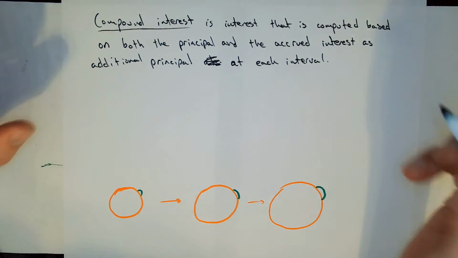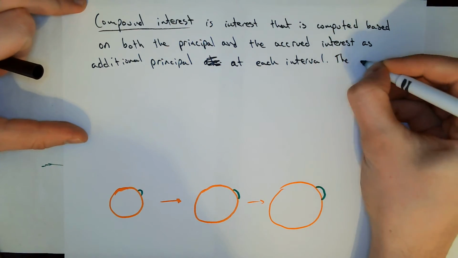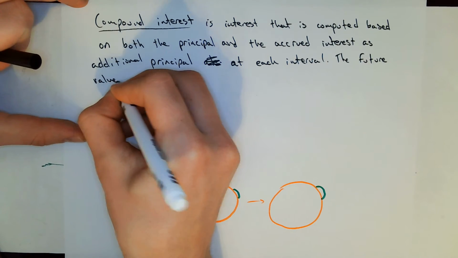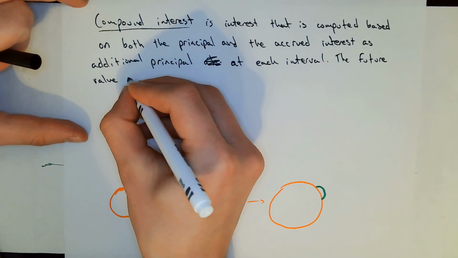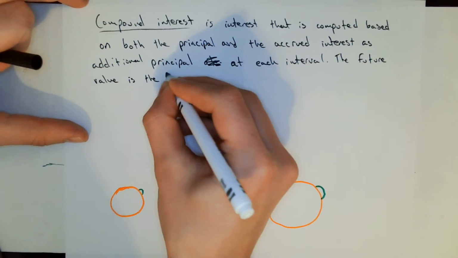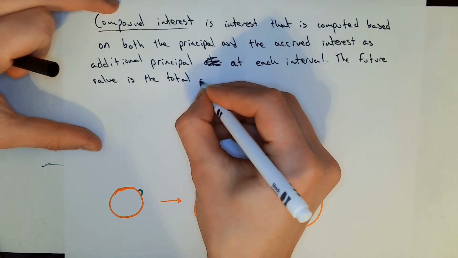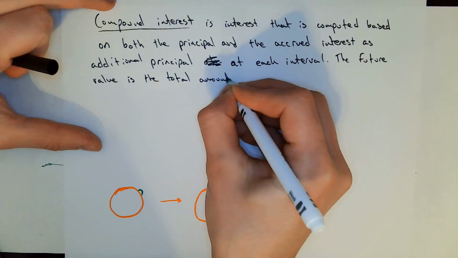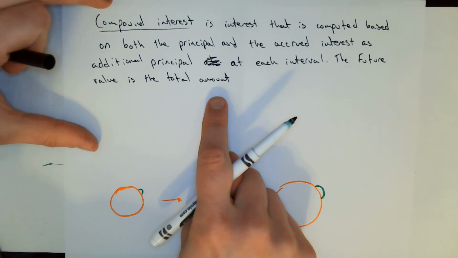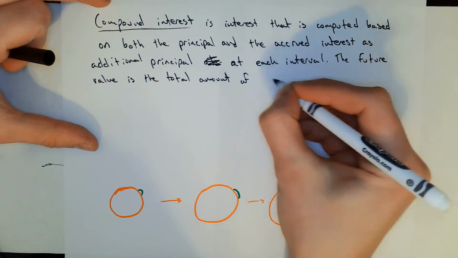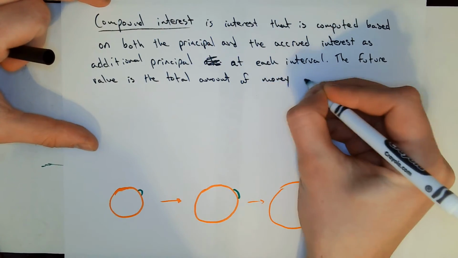Okay, so here comes the rest of the definition. The future value is just what I've been calling the total amount. So the interest plus the principal that's already there, that's what I've been using capital A for, total amount of money. They use capital A as well.